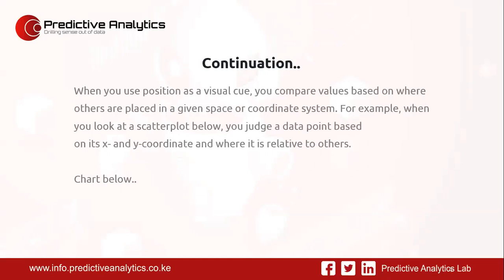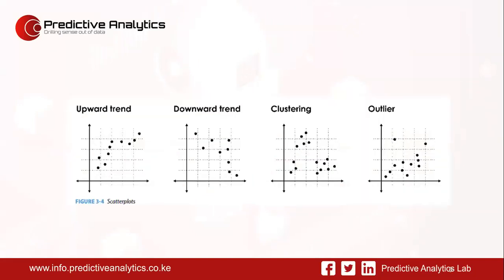When you use position as a visual cue, you compare values based on where others are placed in a given space or coordinate system. For example, when you look at the scatter plot, you can judge a data point based on its X and Y coordinates and where it's relative to others.